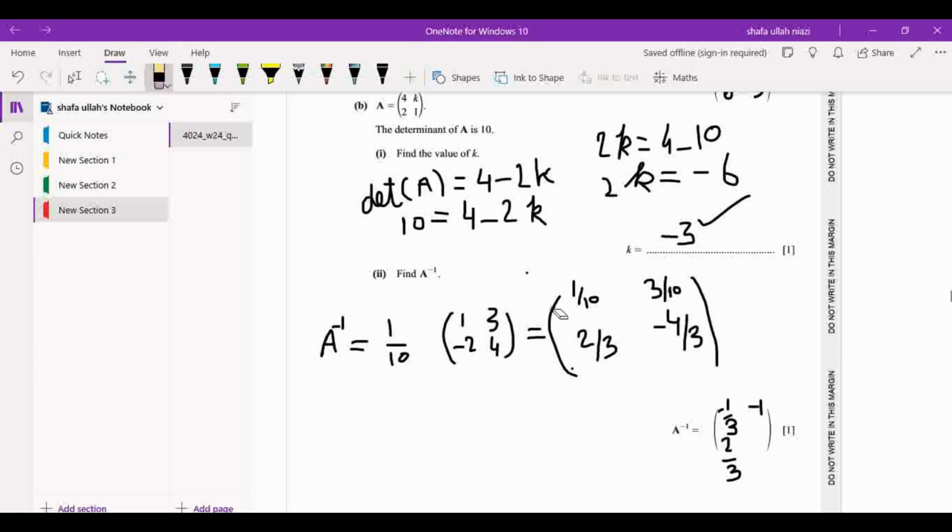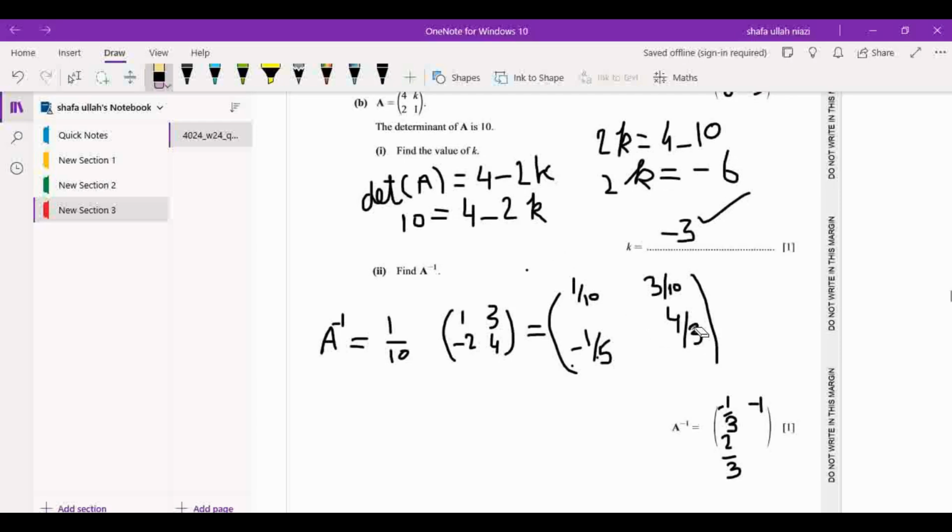and this will become minus 2 over 10, which is minus 1 over 5, and this will become 4 over 10. 4 over 10 can be simplified as 2 over 5.